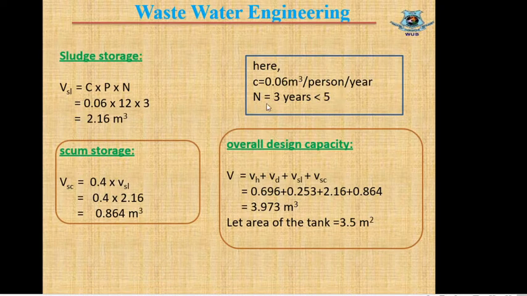There is a limitation on using the value of C: when N is less than 5, the value of C will be 0.06, and when N is greater than 5, the value of C will be 0.04. Here N is less than 3, so the value of C is 0.06 meter cube per person per year.